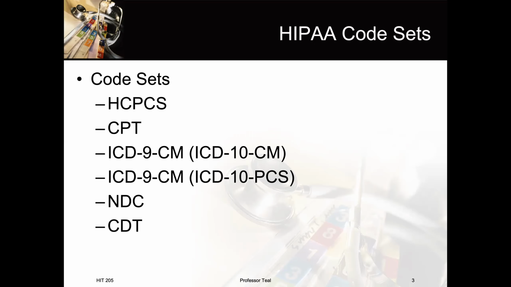If you're in an outpatient setting, no matter who you're billing for, whether it's the hospital or the provider, you're going to use CPT and HCPCS codes for the procedures and services. So for your outpatient settings, CPT and HCPCS. So now the little caveat is on inpatients where you're billing for the physician and not the hospital.